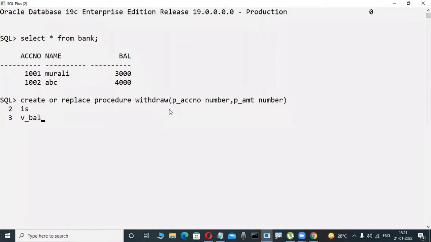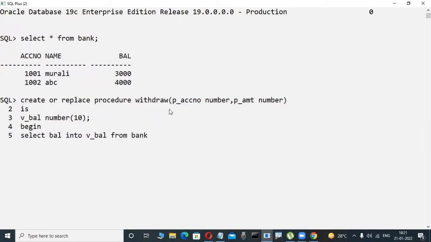I want to find out the balance. Whenever we insert an ATM card and try to withdraw, it checks the balance. Check it out, concentrate here. Some coding is there: select balance into v_balance from bank.